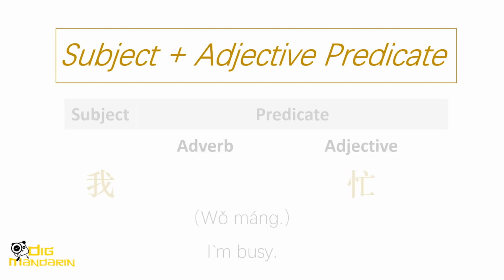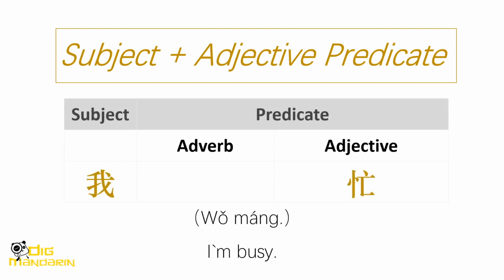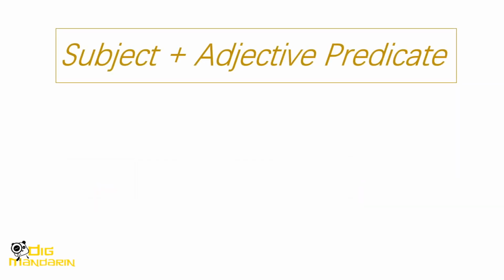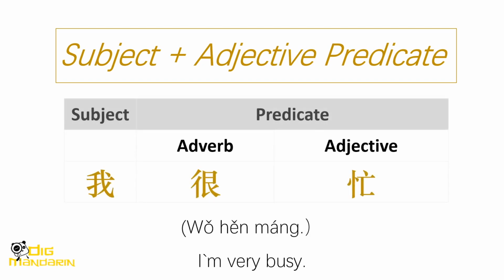Example 1. 我忙 I'm busy. Example 2. 我很忙 I'm very busy.